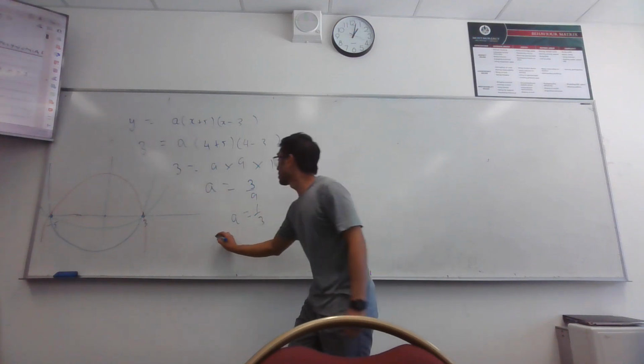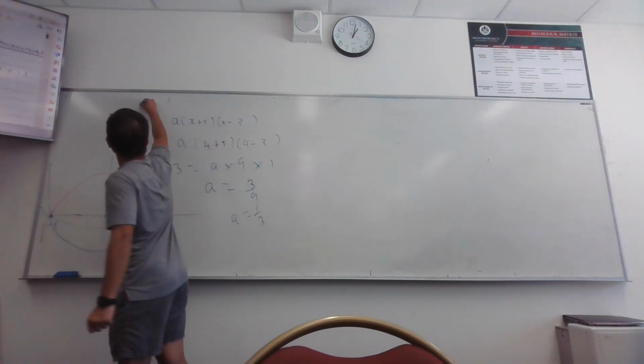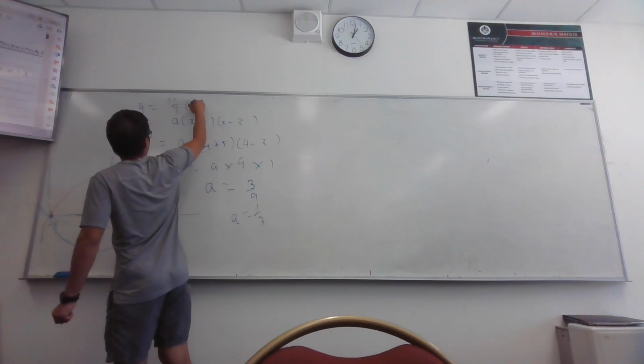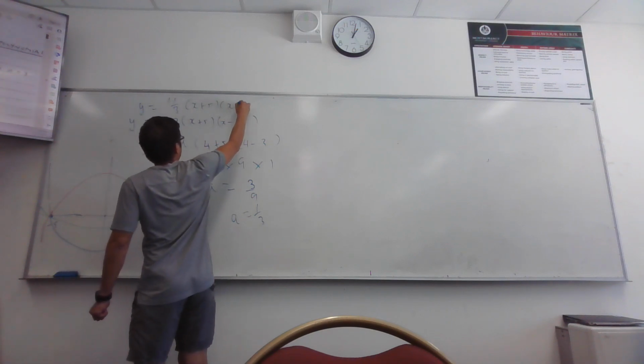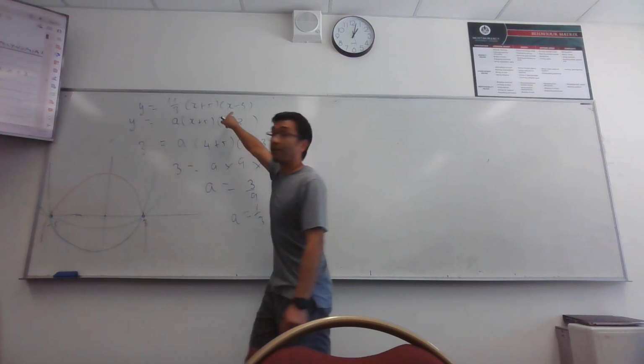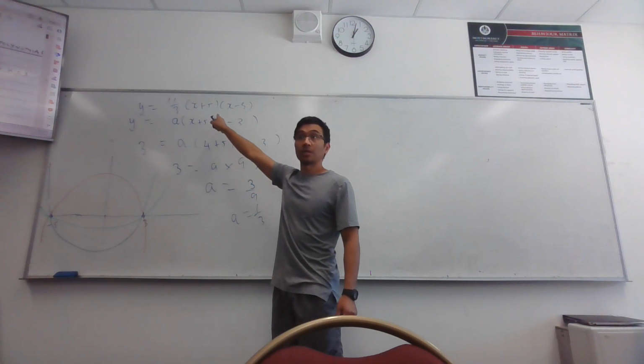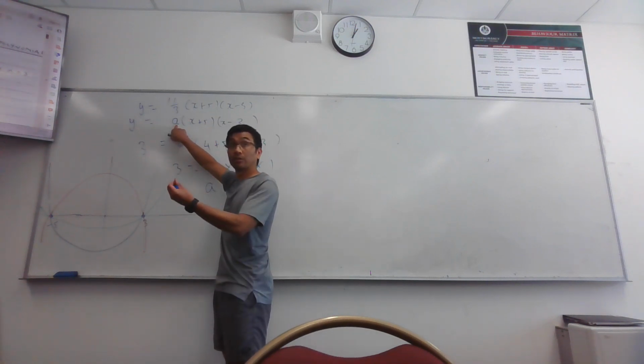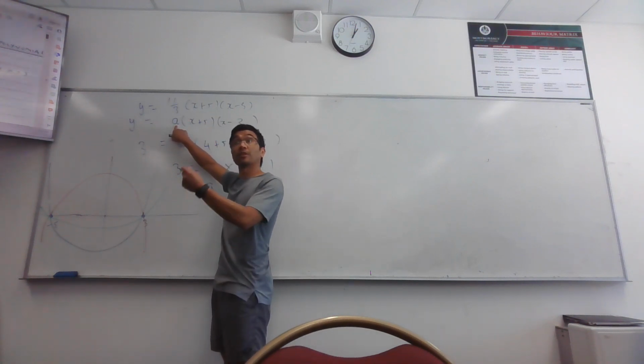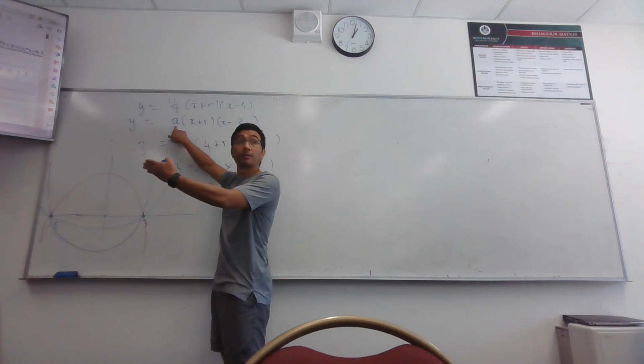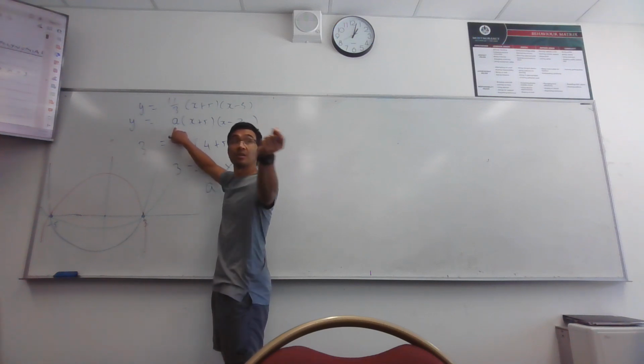Our equation is really y equals 1/3 (x + 5)(x - 3). And we found that A value. Does anyone know what the number in front of a graph or an x is called? Coefficient.